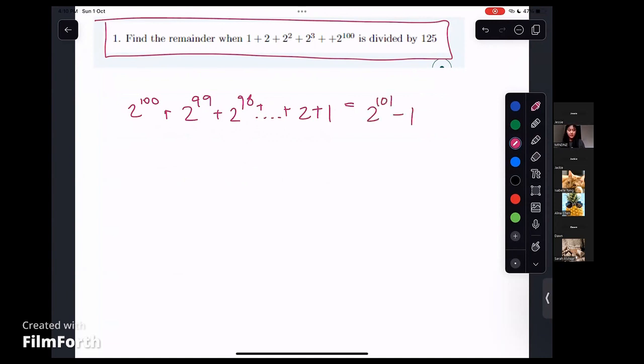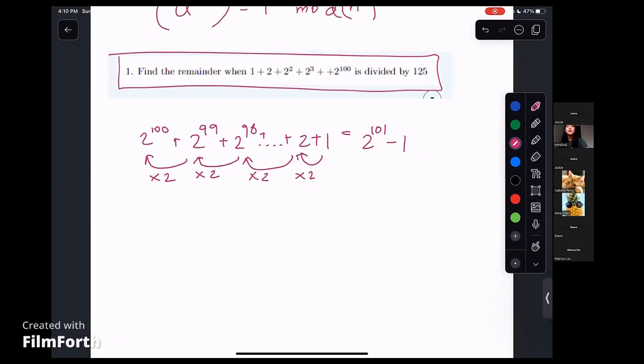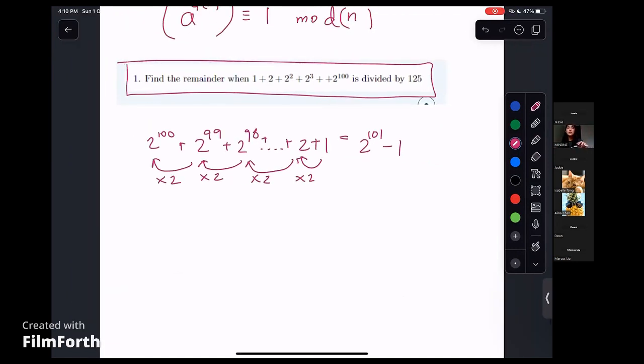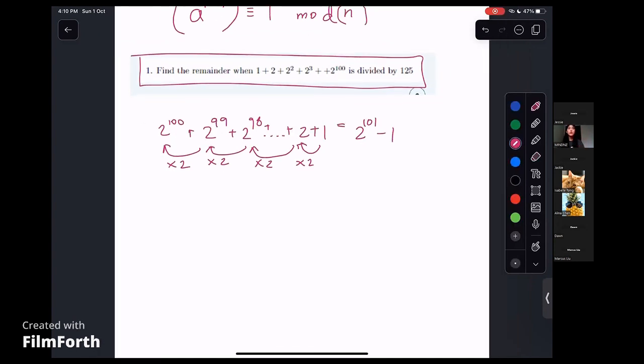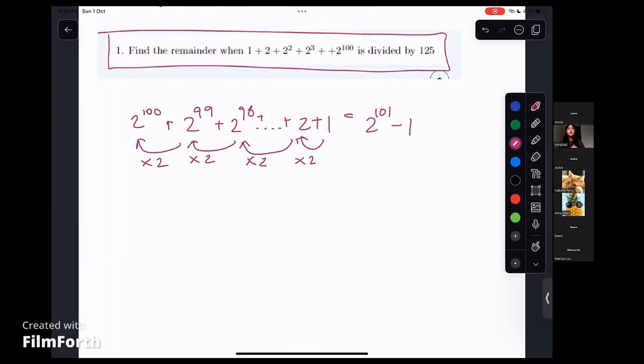If you consider this as a geometric sequence, it's multiplying by 2 every time. So if we want to add something like this up, we would just use this. Does everyone know the identity, or the condition that this is true?